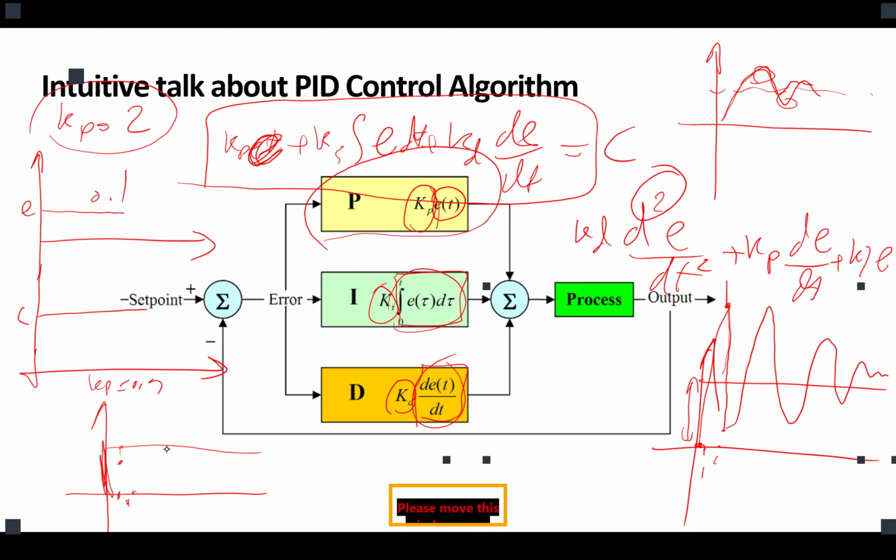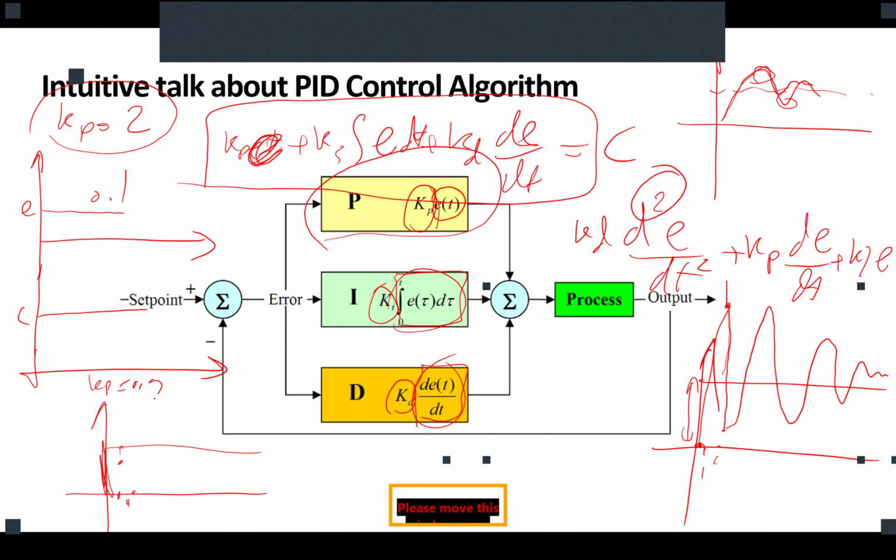Imagine if instead of half, I have 0.1. Then this graph that you see here becomes like this. So it takes longer to get to the set point if we have less gain in our proportional. Are we good?